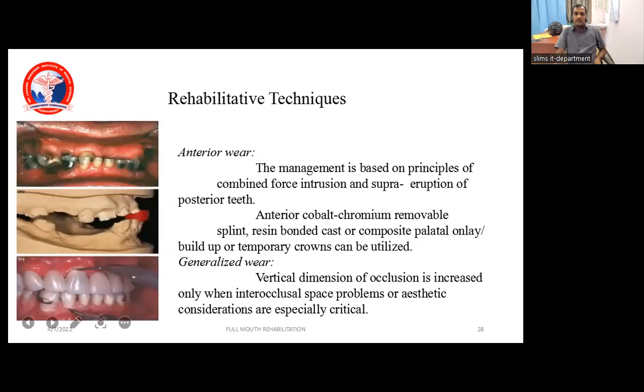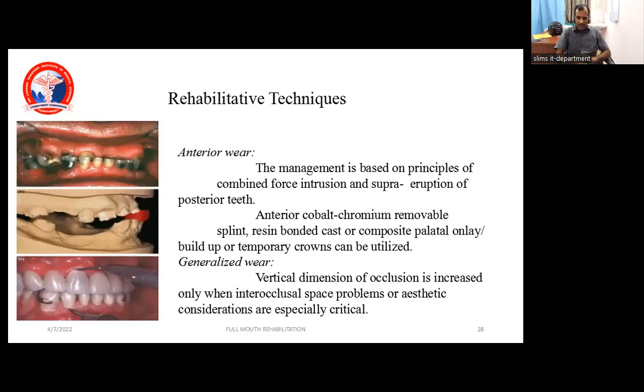Now, the tooth wear can be more pronounced in the anterior segment, the posterior, or for some individuals we can expect generalized tooth wear.